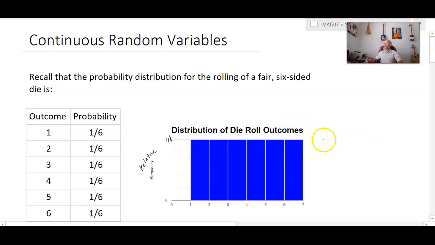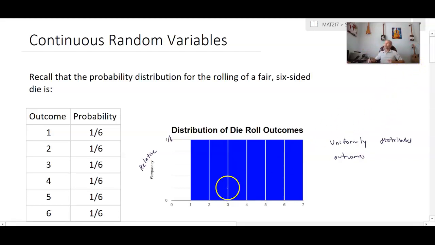So what we would say about these outcomes is that they are uniformly distributed outcomes. And by uniformly, we just mean they're all the same, that they all follow the same likelihood.